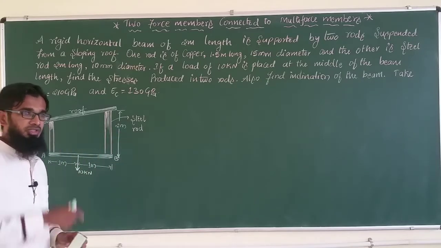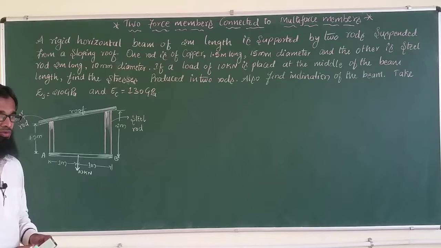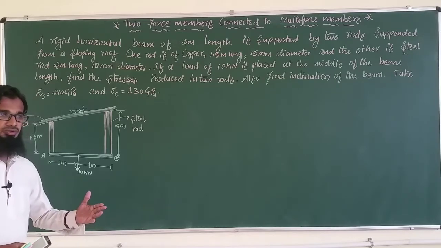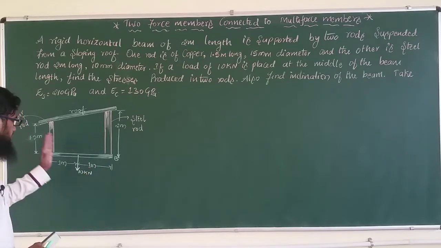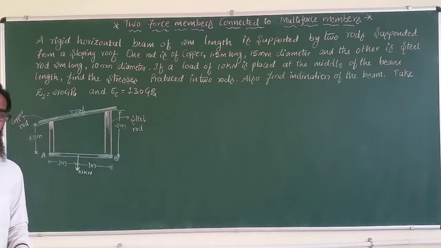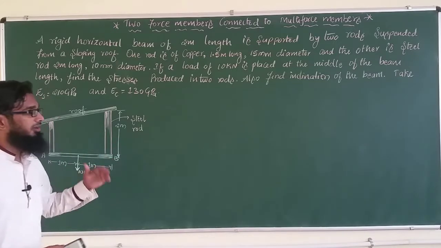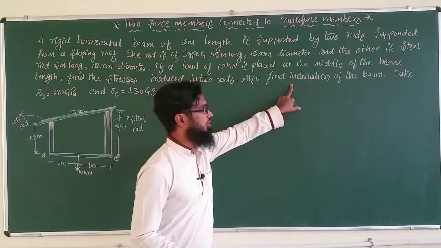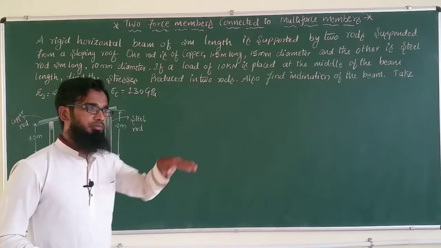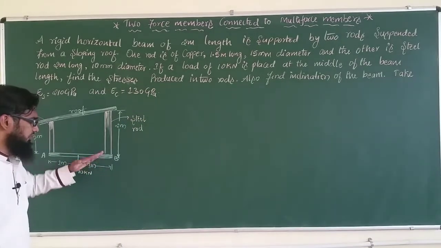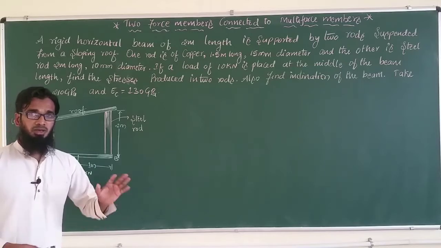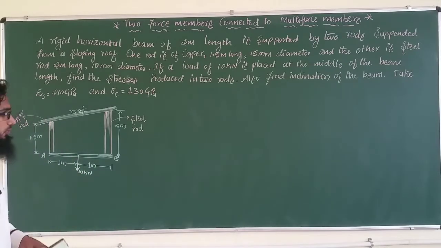The deformation might be different in the copper and the steel rod. Then what will be the angle of inclination of the beam, if the beam bends? That we have to find out.